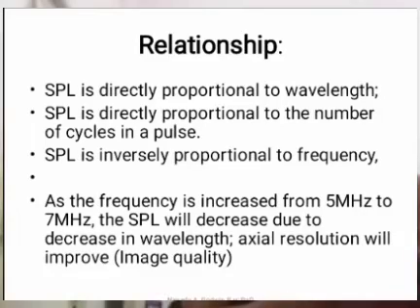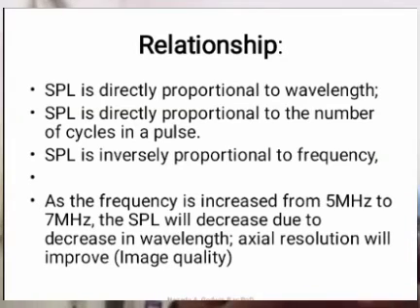Also, what's the relationship? SPL, spatial pulse length, is directly proportional to wavelength. Spatial pulse length is directly proportional to the number of cycles in a pulse. Spatial pulse length is inversely proportional to frequency.